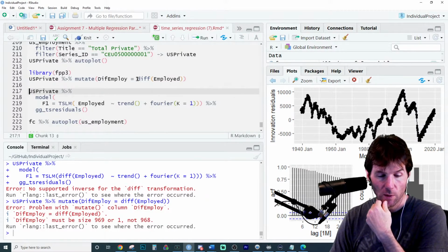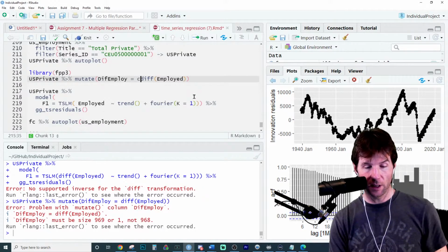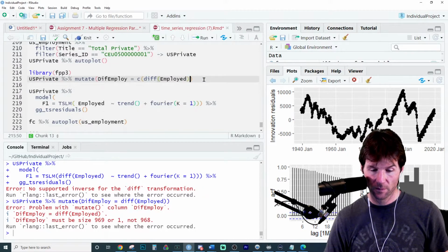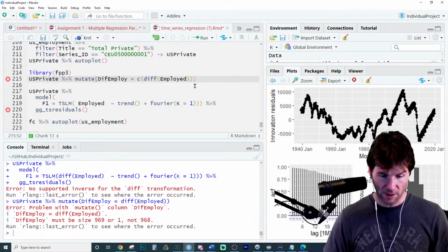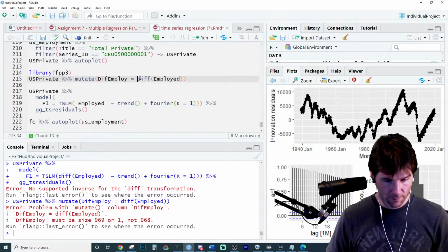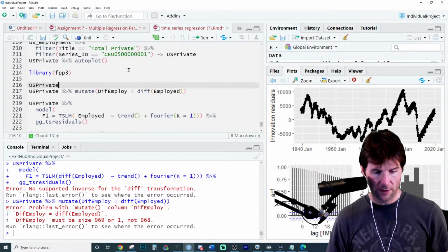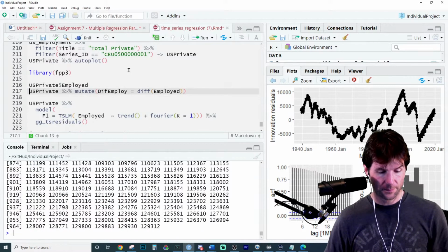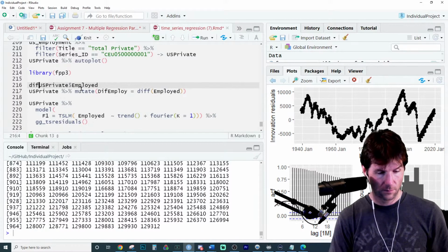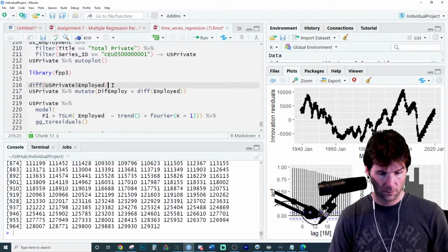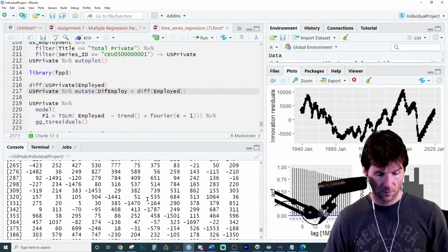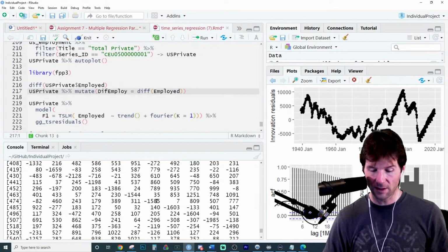So could we add to it a concatenate of a first element of it? Let me see. US private employed, and we wouldn't have the last, excuse me.